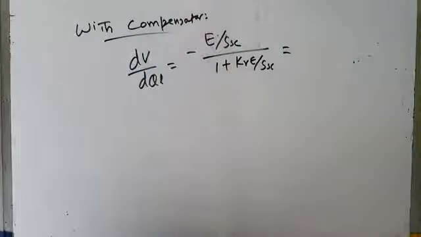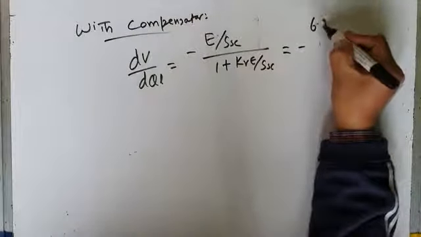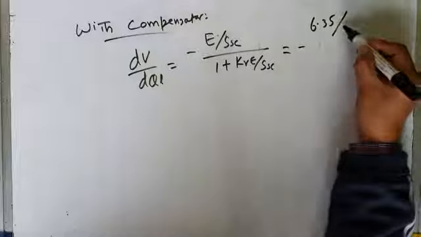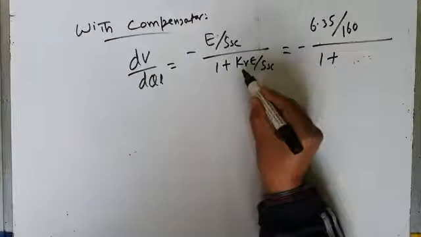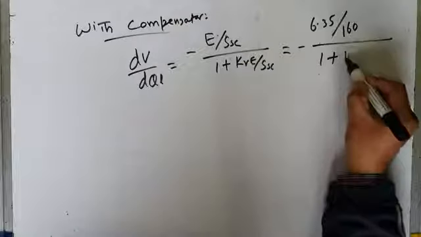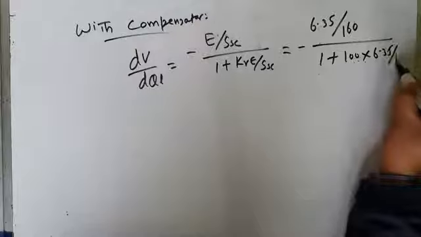E we have already found, it is 6.35 kV, SSC is 160 megawatts, divided by 1 plus the gain of the compensator, which is 100, into 6.35 by 160.